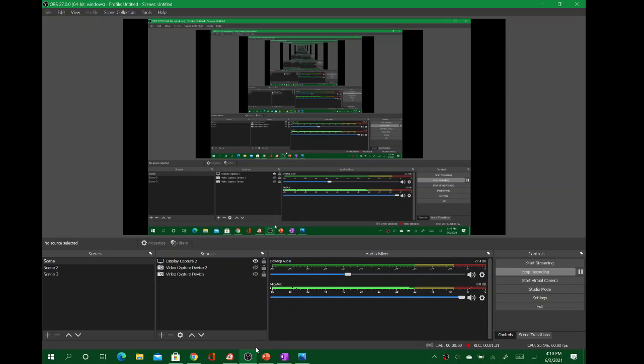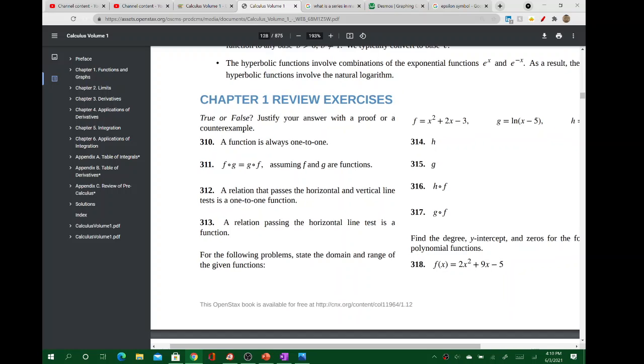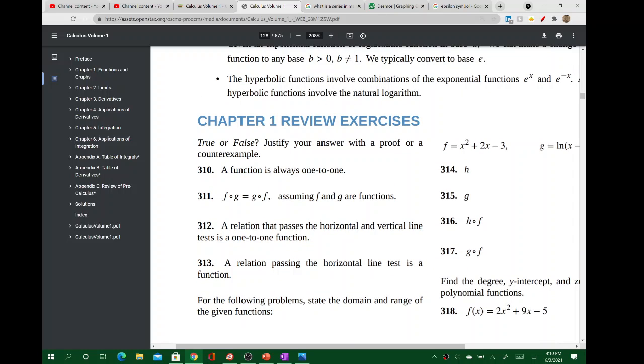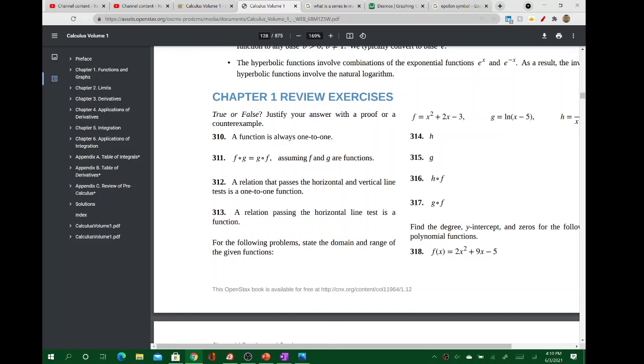So this is, yes, kind of an intro to calculus, but it's honestly just making sure that we understand everything that we learned from college algebra to precalculus. So let's get started, okay?